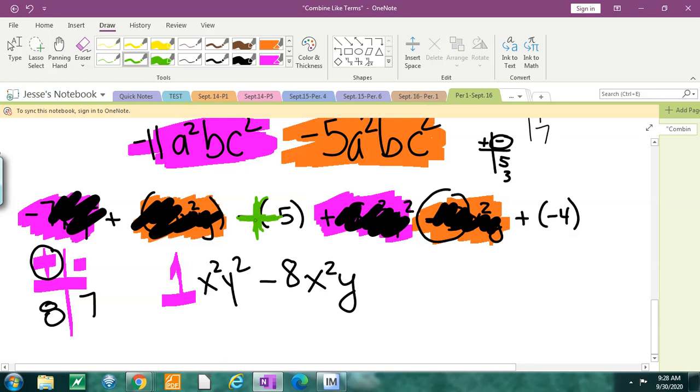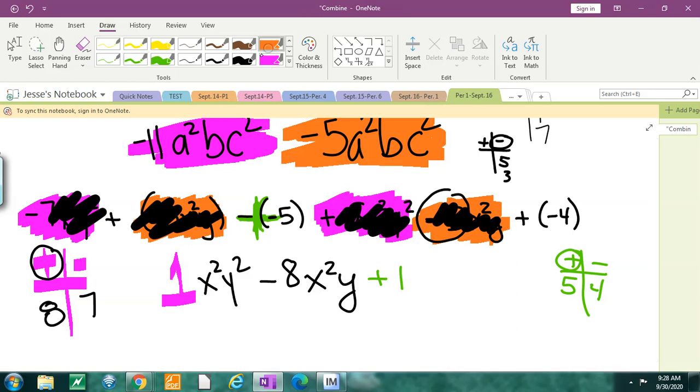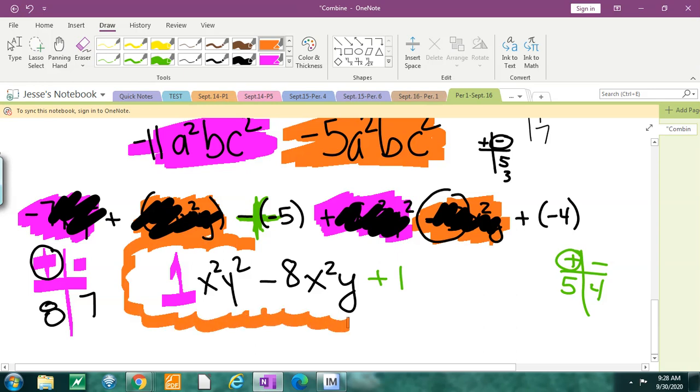So that's going to be 5 and then plus -4, leave it alone. So we got a +5 and -4. So my answer is plus what? So on this one, I have to subtract. So I get plus 1. Now on that, you have to leave the 1 because it's your constant. All right? And that is your answer.